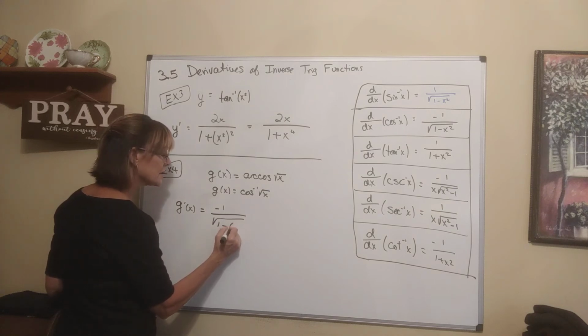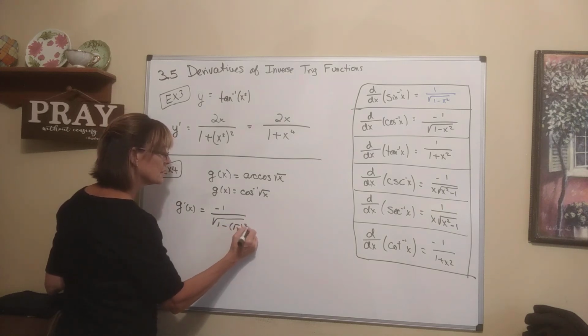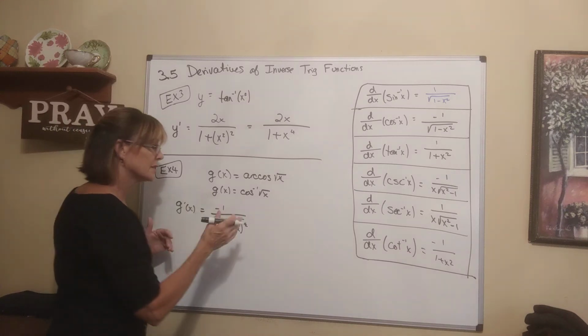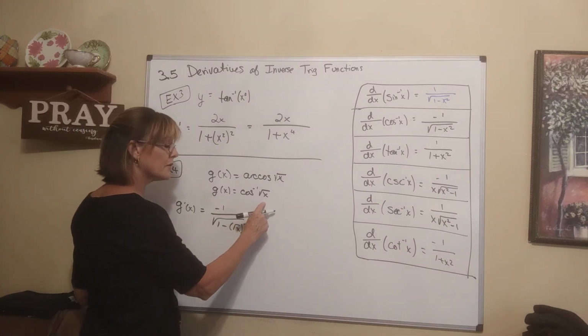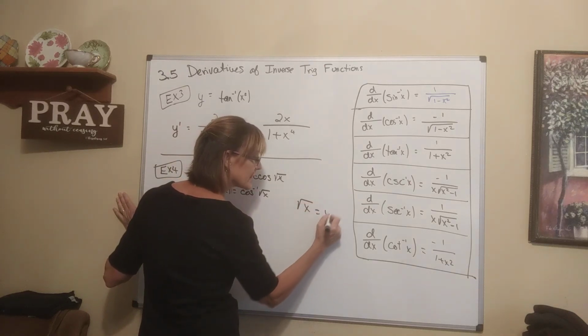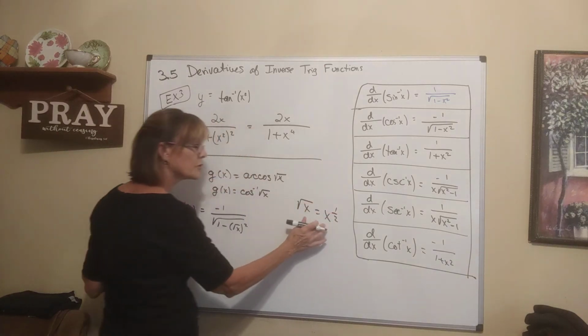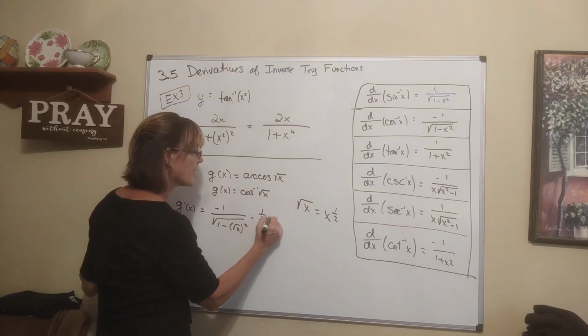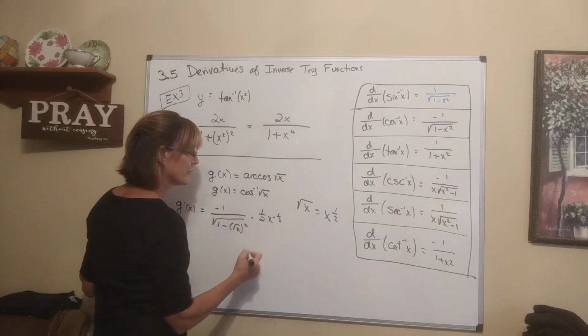But our x is the square root of x, so we put that in there, times the derivative of the inside function, the derivative of the square root of x. Let's remind ourselves that the square root of x is really x to the 1/2, so the derivative of the square root of x will be 1/2 x to the negative 1/2.